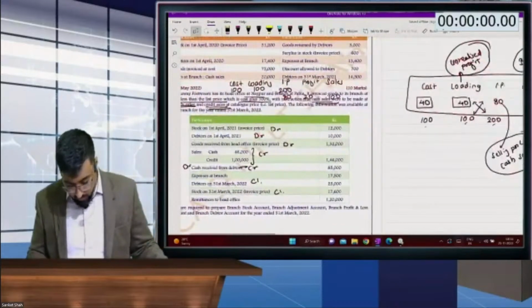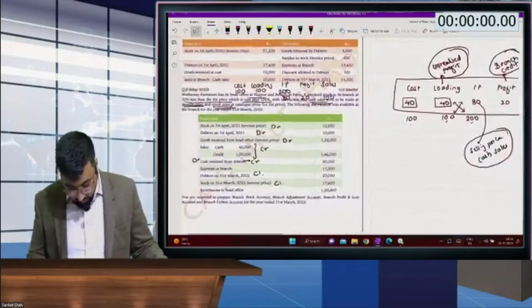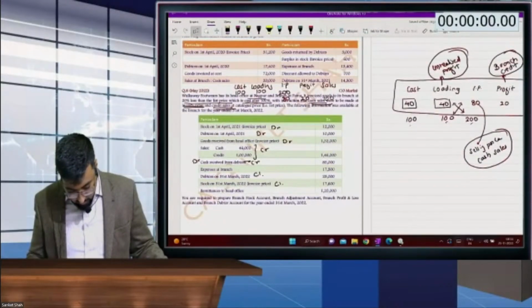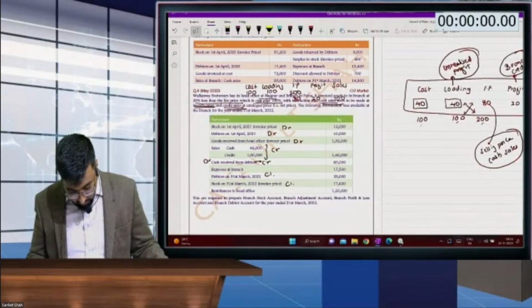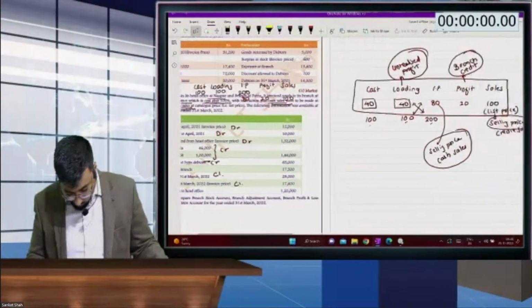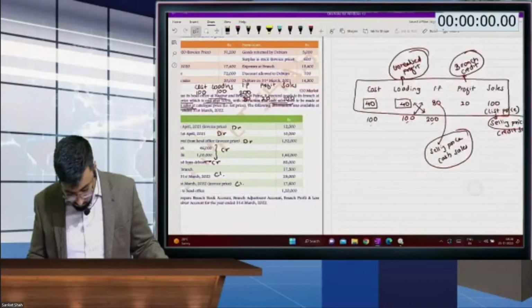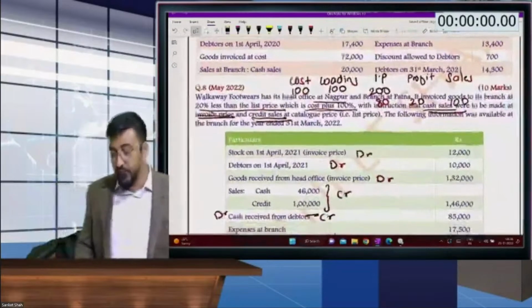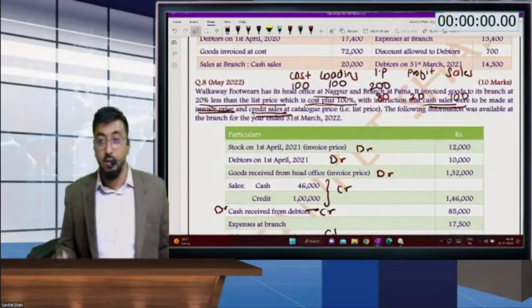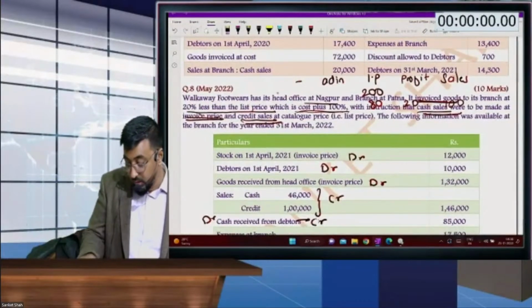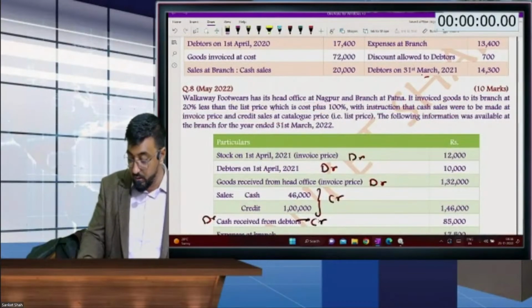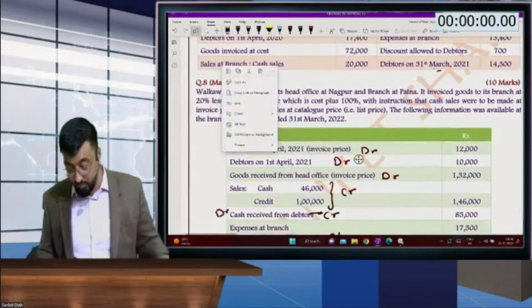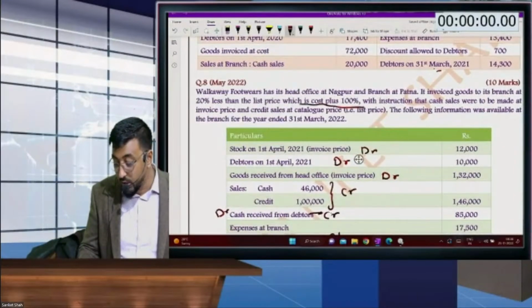One second, beta. ICAI has messed something up in this. Okay, okay. Now beta, there are two interpretations, which I have taken. Yes, it invoiced goods. So here ICAI's interpretation is different from my interpretation. Understand it, please. Sorry for this equation format. What I formed, I thought this is cost plus 100%.